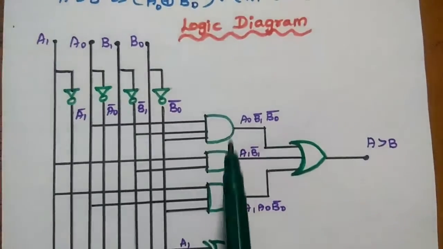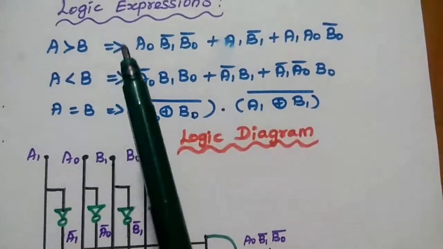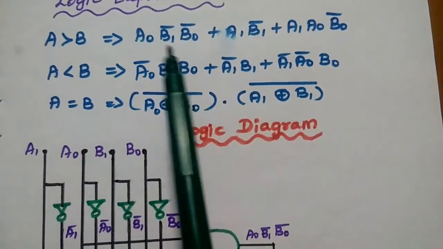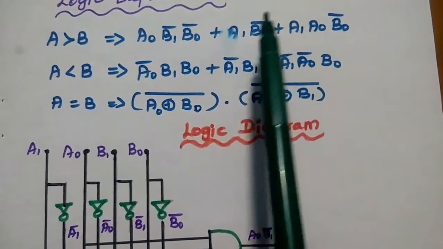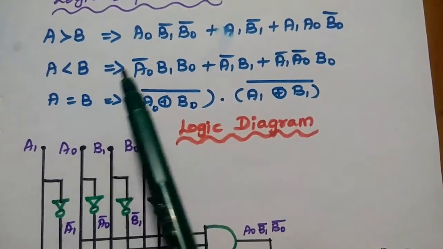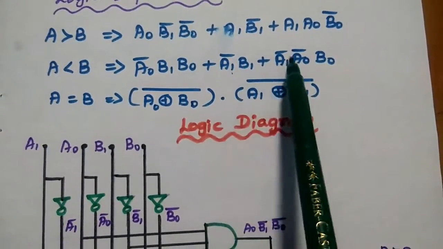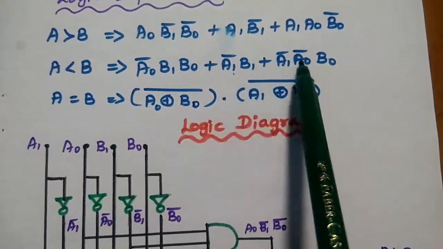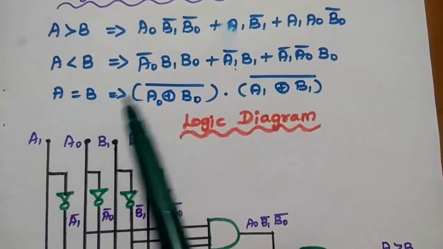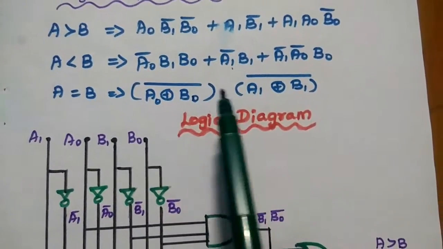So then 3 AND gates. For this expression, for A is greater than B, we need to have 3 AND gates and one OR gate. Likewise, for A is less than B, we need to have 3 AND gates. AND gates means product, multiplication. OR gate means addition. Okay. For A is equal to B, we need to have 2 XNOR gates.